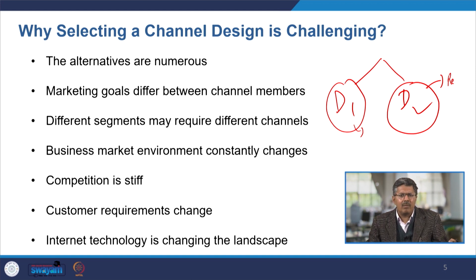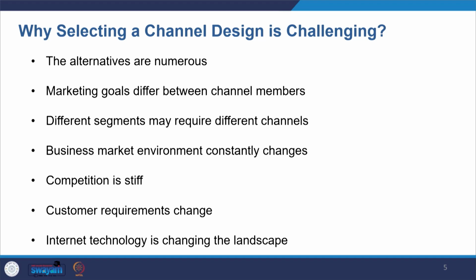Companies' goals, objectives and strategies are changing with time, and competition is becoming very stiff day by day. So maybe players are playing at very thin margins, wafer thin margins. They are playing at high volume, low profit, or on a product where the company is going for a make to order policy, where it says I will only make when I receive the order.